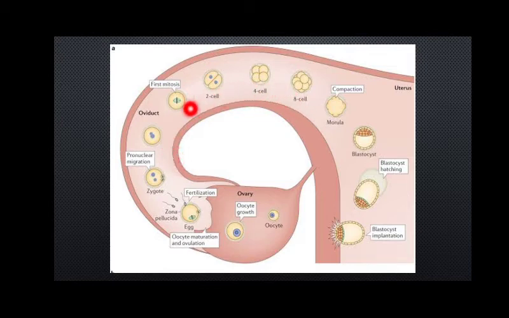Now this entire thing takes somewhere around 24 to 36 hours to complete, and then it will continue with the entire process and keep going further, right? During that entire period of time, the zygote that has been formed here will be pushed outside of the fallopian tube into the main region of the uterus.